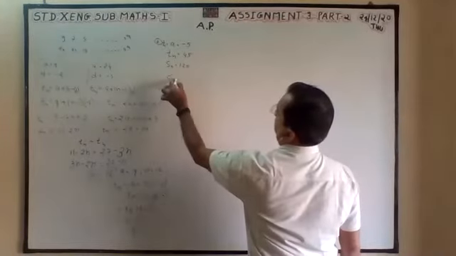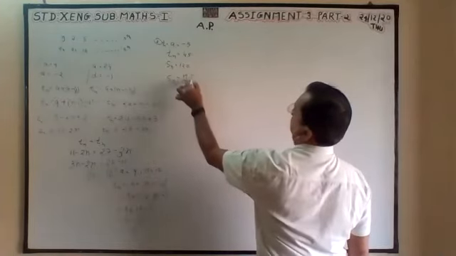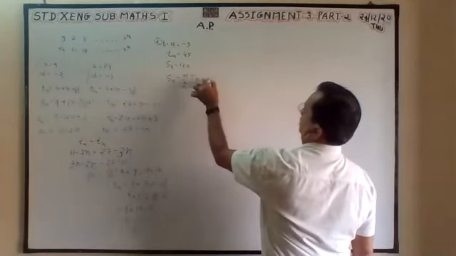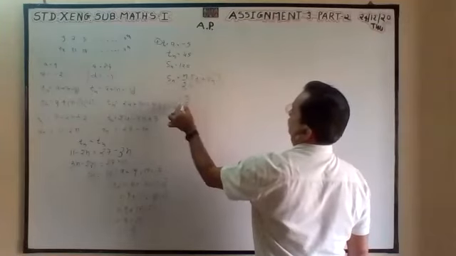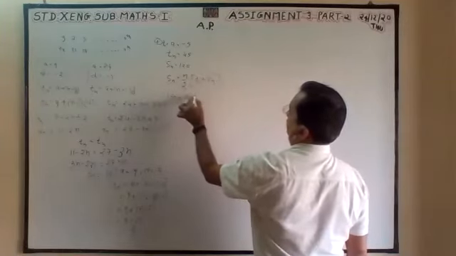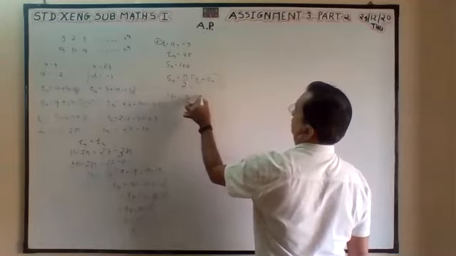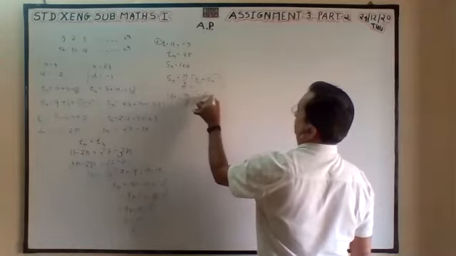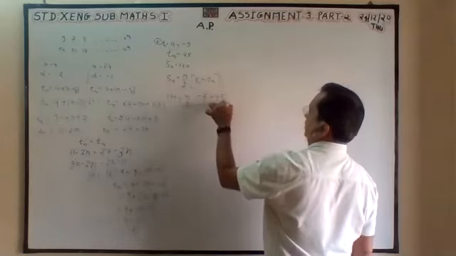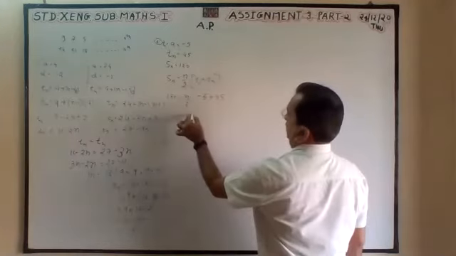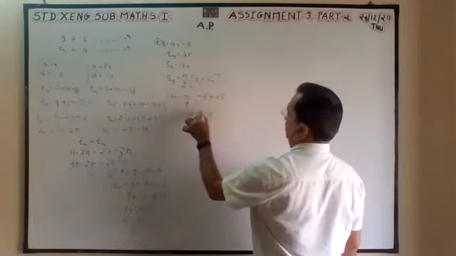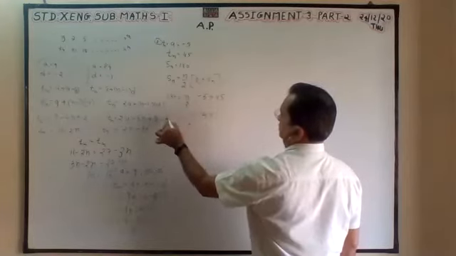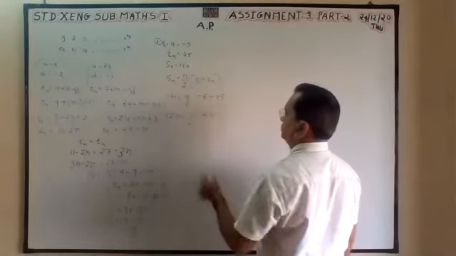So Sn is equal to n by 2 times (T1 plus Tn), that is first plus last. We don't know n, but 120 we know. First number minus 5, last number 45. So n by 2 times 40 is equal to 120.